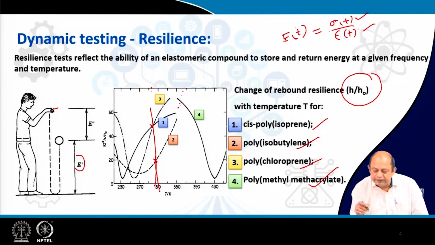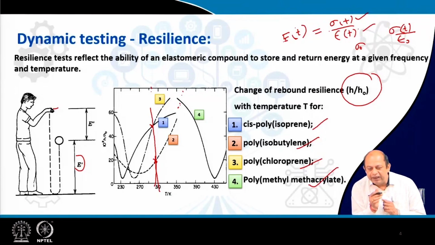So, if I try to monitor sigma(t) when I am putting epsilon 0, that means I am making epsilon time independent, that is essentially the stress relaxation experiment. And exactly the other way around, if you make stress sigma 0 instantaneous at time t equals 0, you apply all the stress and monitor strain as a function of time, that is the creep experiment.